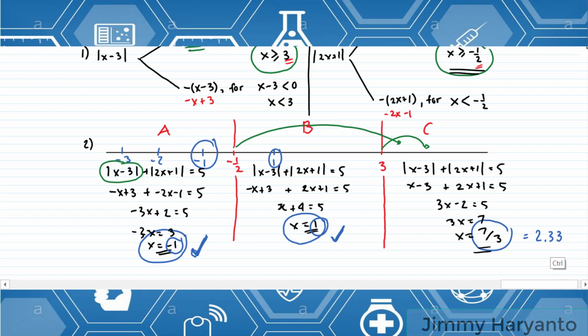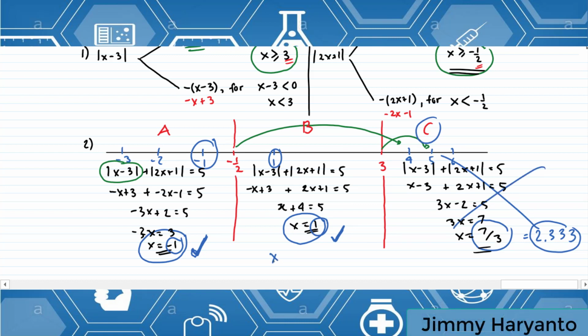Okay, is room C containing 2.3? Oh no, because the border is 3. It has 4, 5, 6, and so on, but it doesn't have 2.3. So this is not a solution.